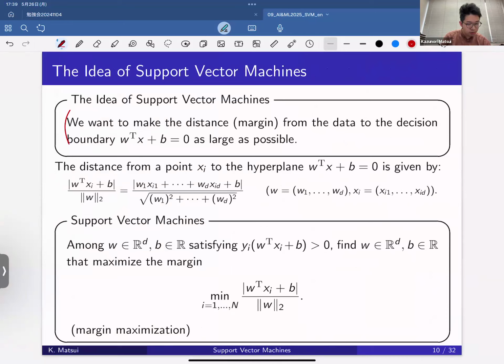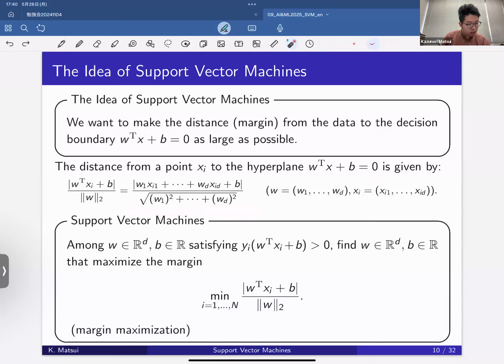The distance from xi to the hyperplane wx plus b can be written here. I think you learned about the distance from a point to a line in mathematics before, and this is a generalization of that.